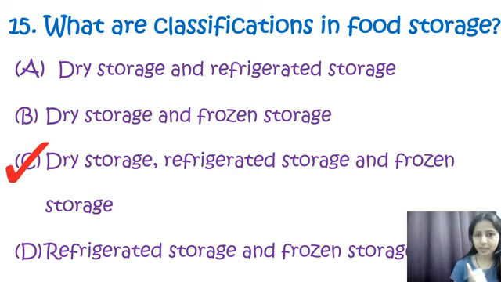These are the primary classifications of food storage. Each type of storage is suitable for different kinds of food items, as it mainly preserves the quality and extends the shelf life of the food product. So over here option C is correct.